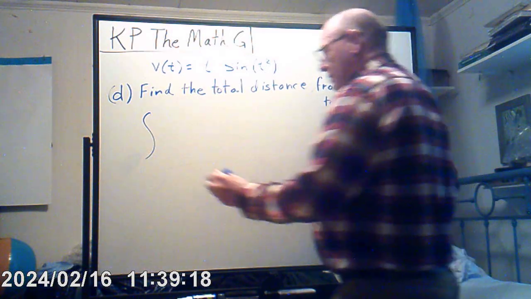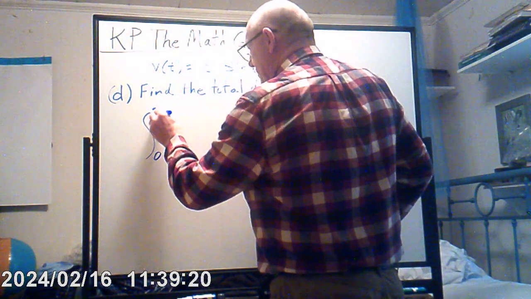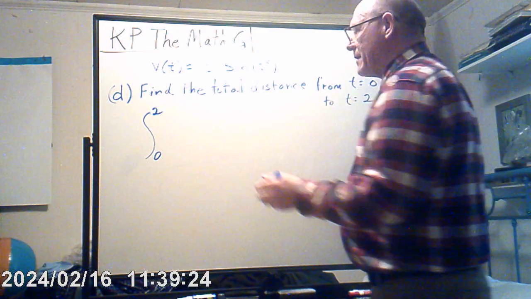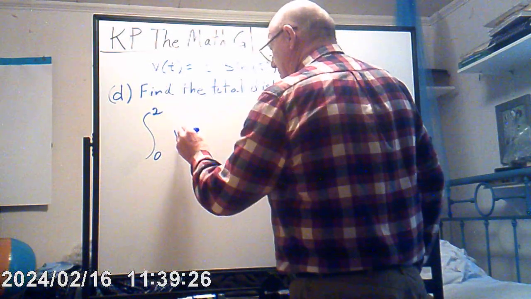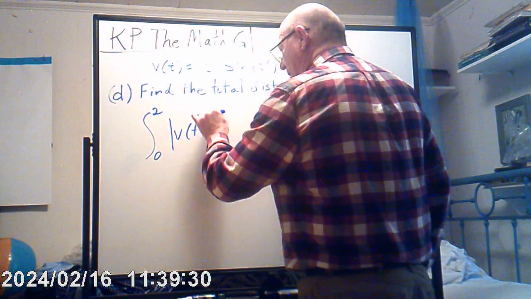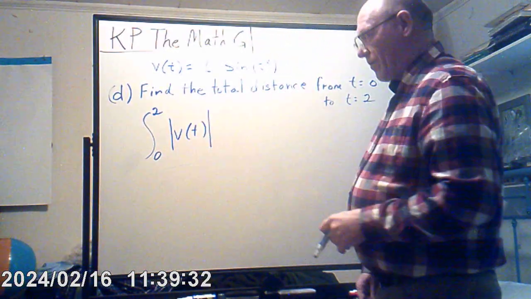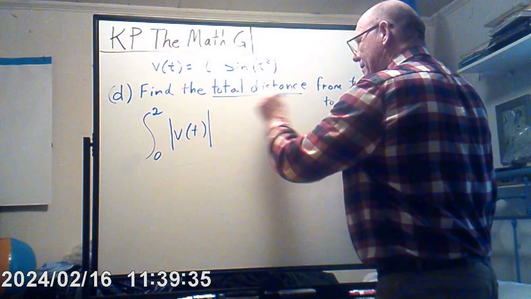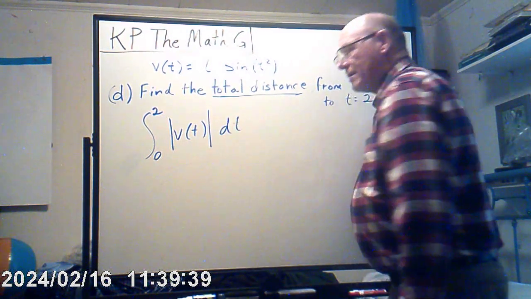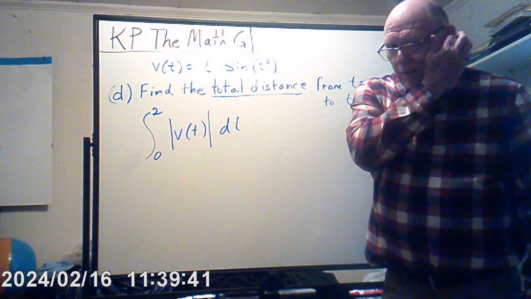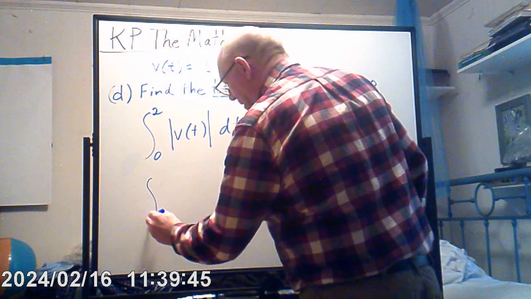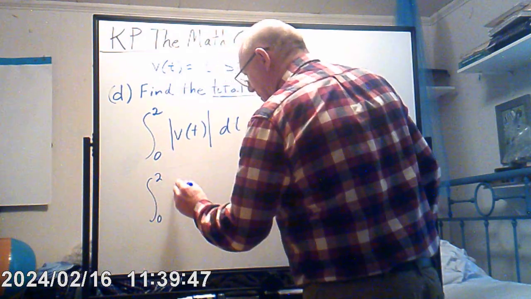So t equals 0 to 2. That's why we needed a definite interval. We do want the absolute value. Always when we're talking about total distance, absolute value. That's what you need to do. You can plug this in on your calculator.